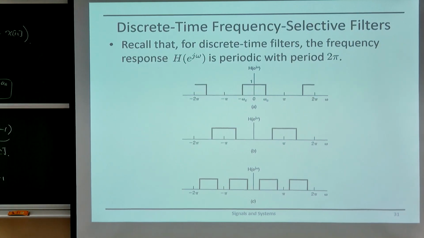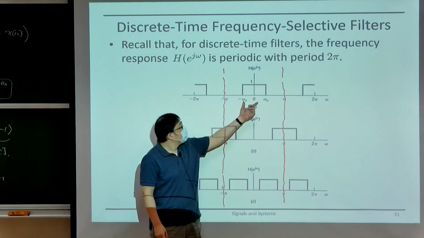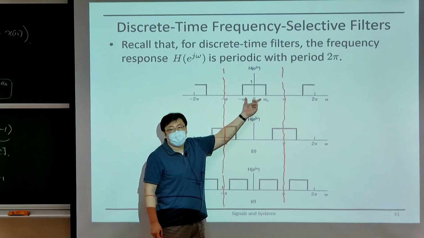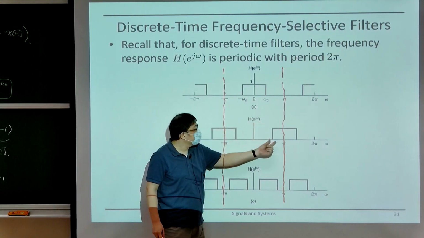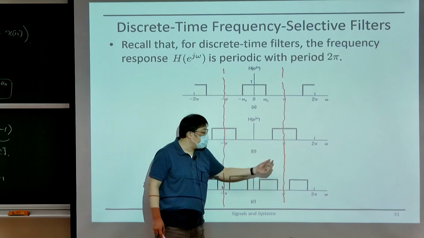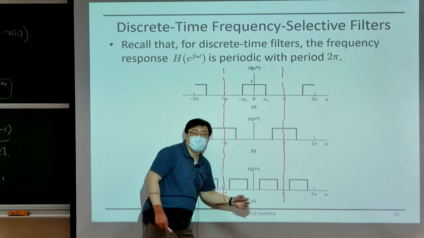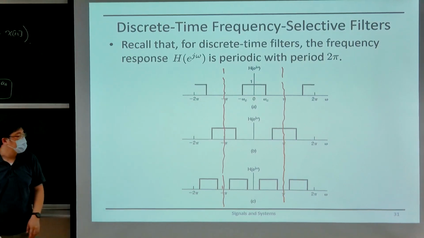So suppose we look at the range from minus pi to pi. Then it becomes more clear. You can see that this is clearly in the baseband, this is in the high frequency band, and this is letting through frequency bands in between.